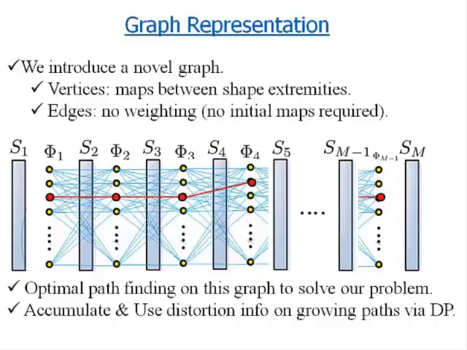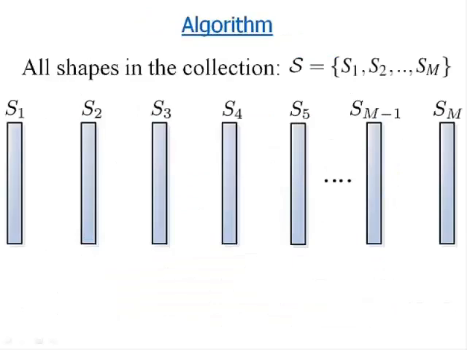And note that since this is a path, it implies other maps between non-consecutive pairs consistently, so we are making the set of maps consistent naturally. And the process includes accumulation and usage of isometric distortion information on the program paths with dynamic programming tables. Let's see the algorithm in detail for 1 minute.